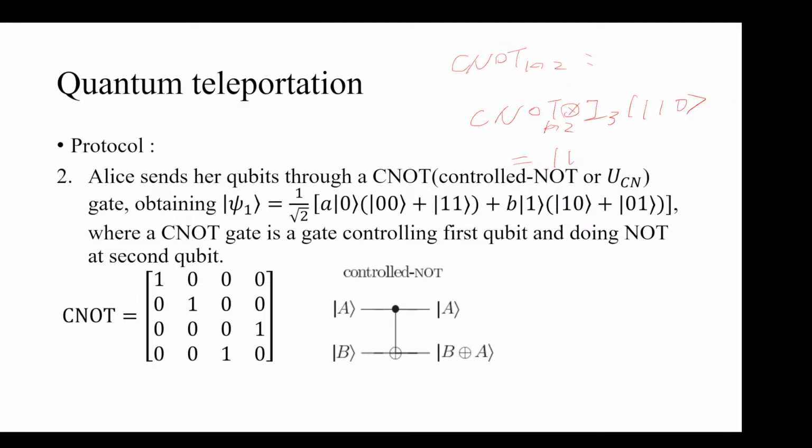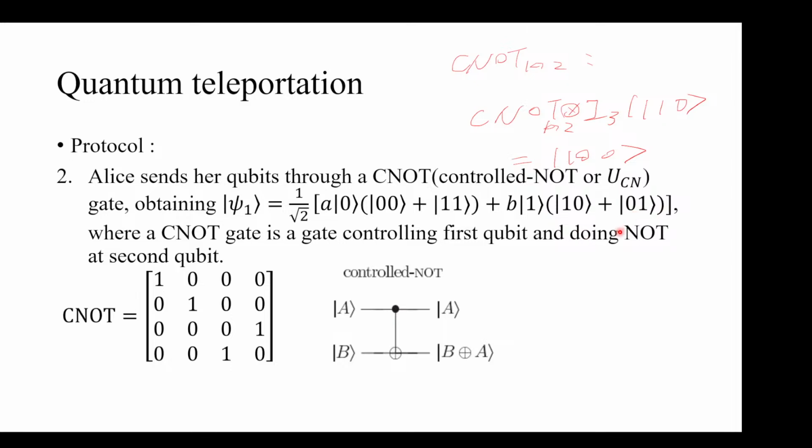This is actually XOR, so 1 plus 1 equals 2, which is 0, and the last 0 stays 0. So CNOT on qubits 1 and 2 turns 110 into 100.